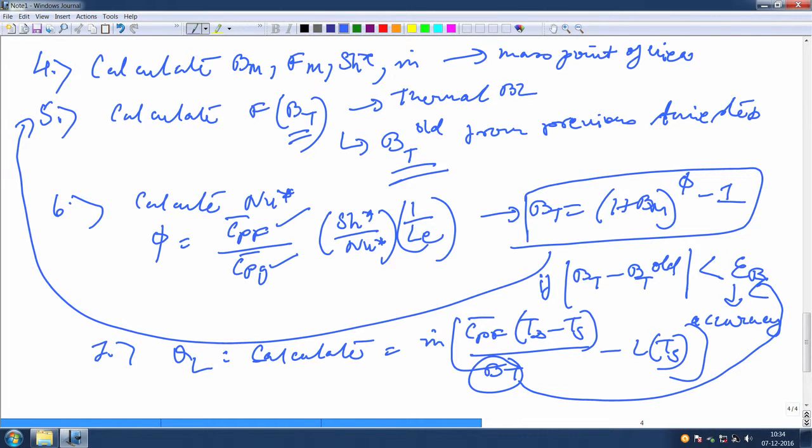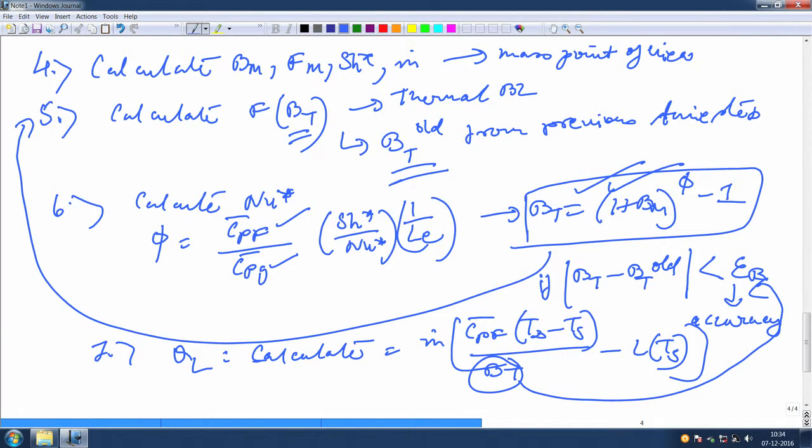Got it? Why are we doing this? Because remember we told you that it is either mass limited or heat transfer limited. In order to have this equilibrium always obeyed, you need to iterate over B_T so that it does not over predict.